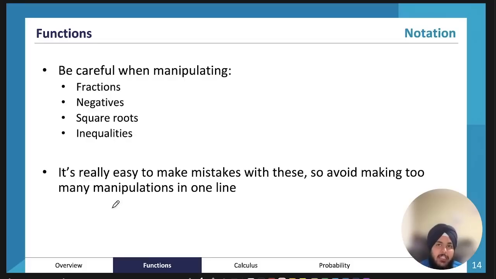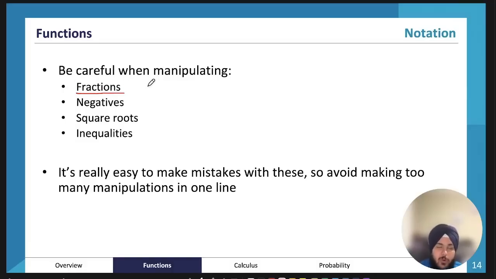When you're manipulating expressions, so when you're doing some form of algebra, first of all, I would say use your calculator when you can. But if it's exam 1, the things that you have to be most careful of are fractions, negatives, square roots, and inequalities. This is what's going to mess up everyone's working out, especially when you're trying to work really fast through the exam.